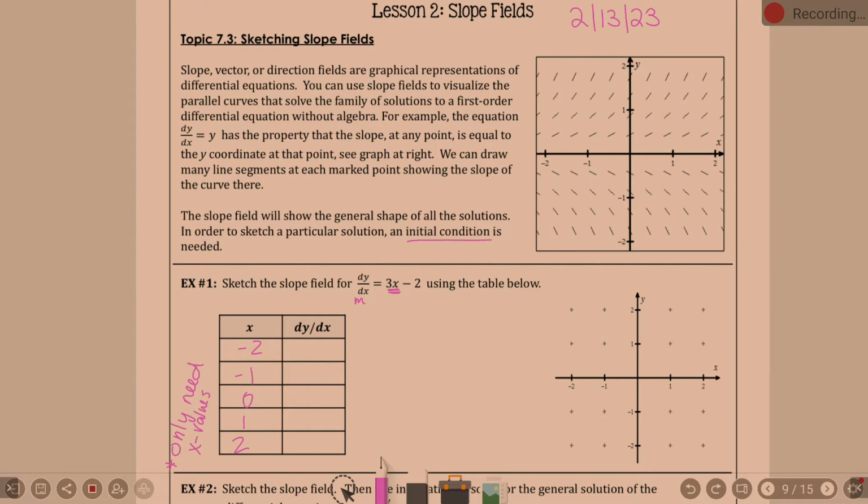If there was 3x minus 2y, we'd have to have xy pairs and talk about each pair. So, what happens when you put in negative 2 to this equation? 3 times negative 2 is negative 6, minus 2 is negative 8. So, now we can go in and fill in the whole curve, or we can do this bit by bit, but okay. Where does x equal negative 2?